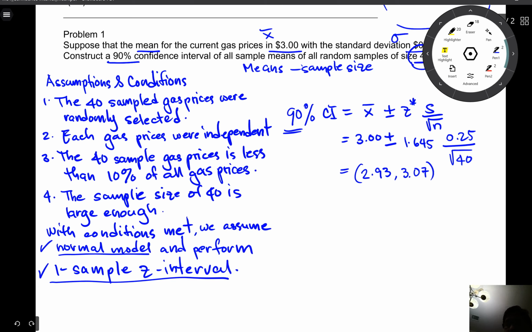And so that's the mechanics, remember? And so we just need to write the conclusion now.